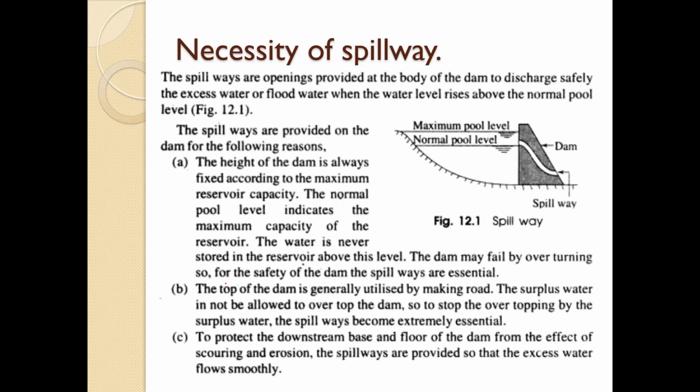Moreover, an emergency spillway or breaching section is generally provided, the failure of which under necessary circumstances may cause serious erosion of the downstream, but shall protect the main dam from failure. The water passing over the spillway and falling on the downstream side must not be allowed to erode the downstream soil, and hence arrangement must be made for the effective dissipation of the energy of the falling water.